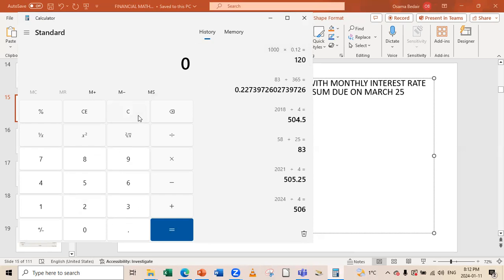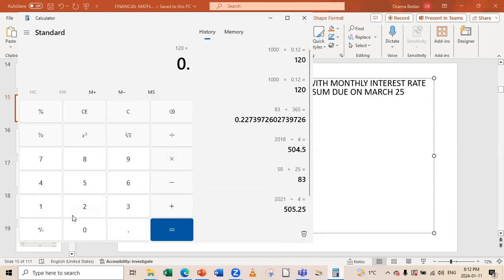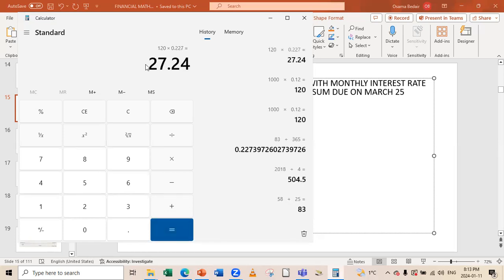So I will say the principal is 1,000 times 0.12 times 0.227, and that will equal $27.24.